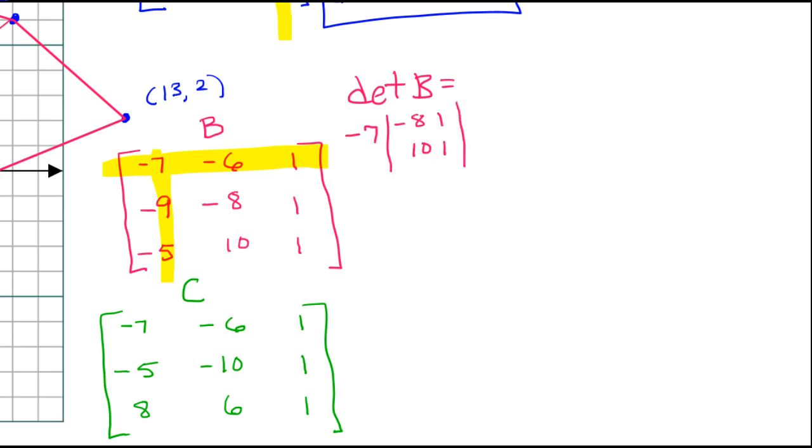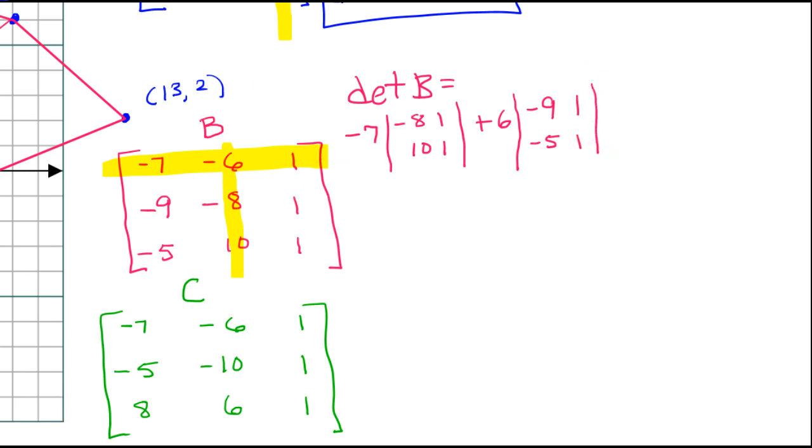Okay, my next cofactor is negative 6. But I need to change the sign, so I'm going to do plus 6 for this middle one. And that leaves the minor determinant negative 9, 1, negative 5, and 1.